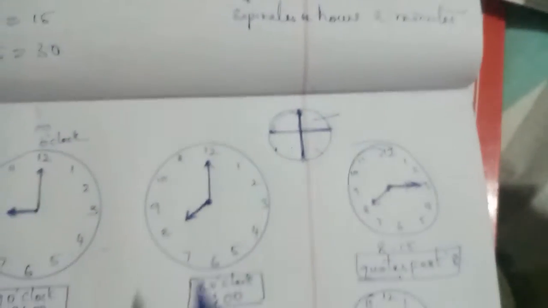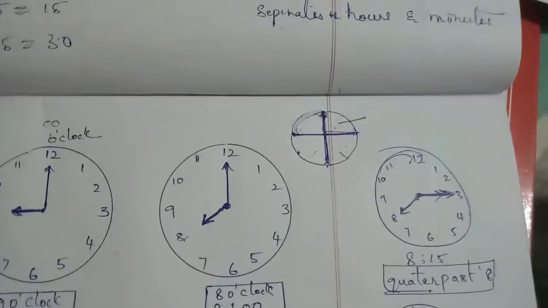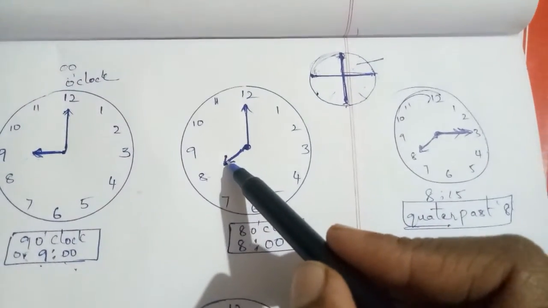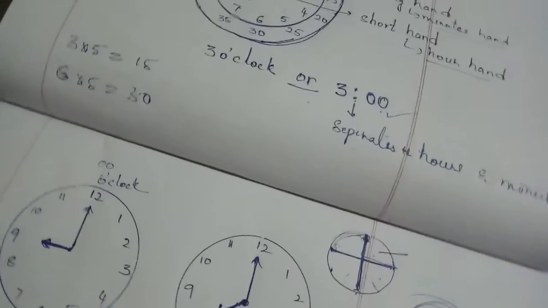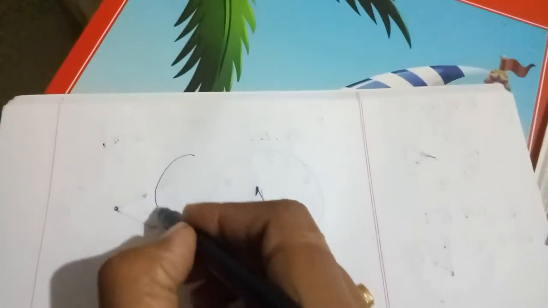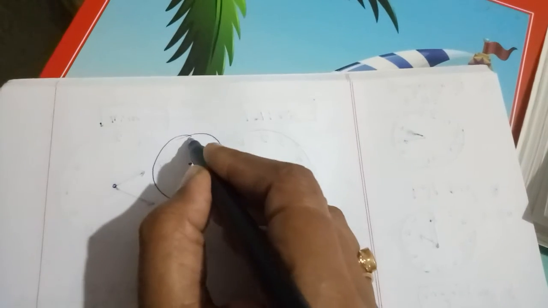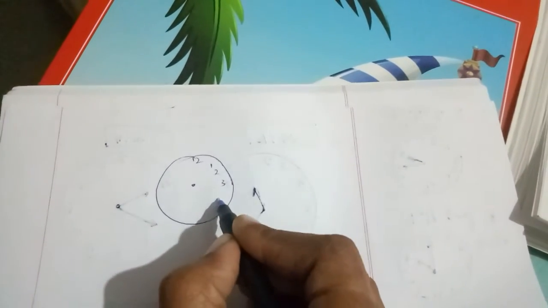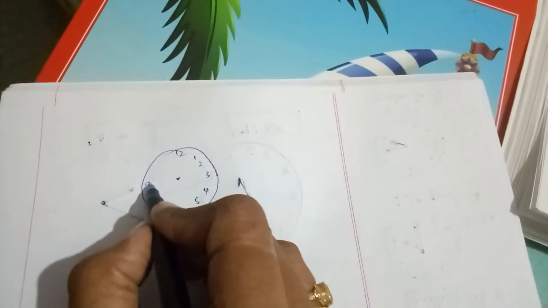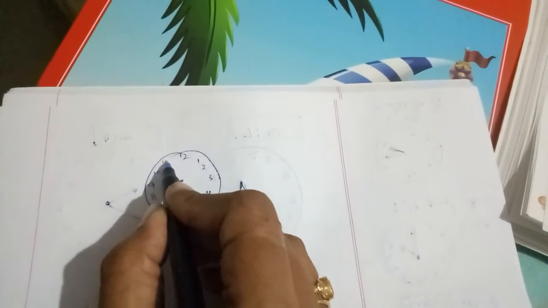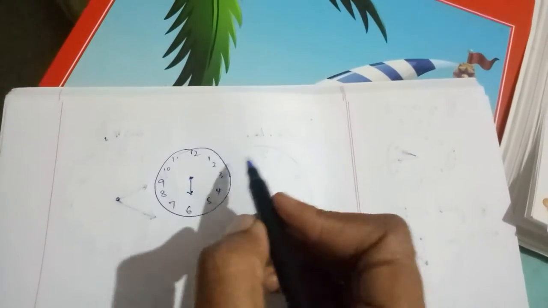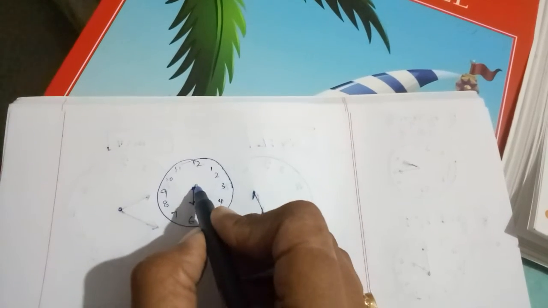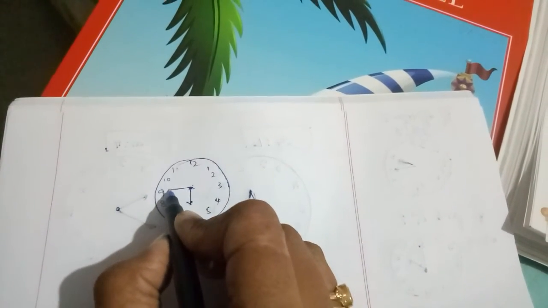Then one easy method to remember the time: first you have to see the shorthand. Where is the shorthand? Write down the shorthand time first. Suppose, here I'll explain. Twelve, 1, 2, 3, 4, 5, 6. Now the shorthand is on 6, long hand is on 9.